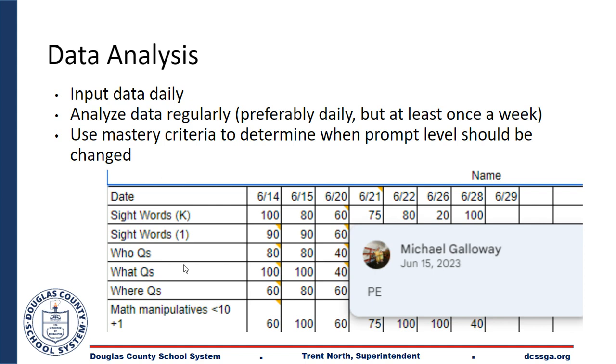And you see here, I've put in the comments what the prompt level is, so I can quickly go back and refer to the prompt level. And when the student is at independent, I will turn the numbers red so that I can easily see without even having to go into the comments where the student is doing it independently.